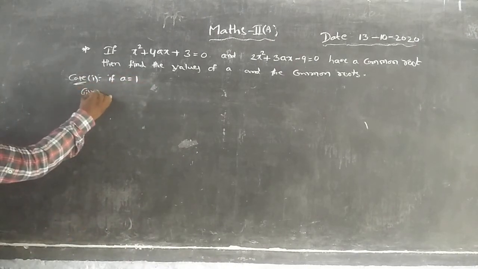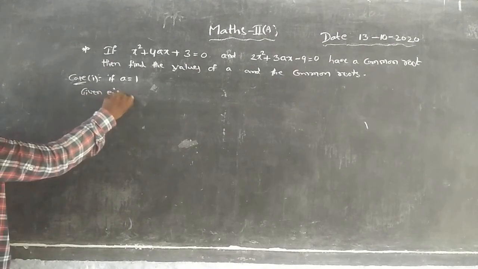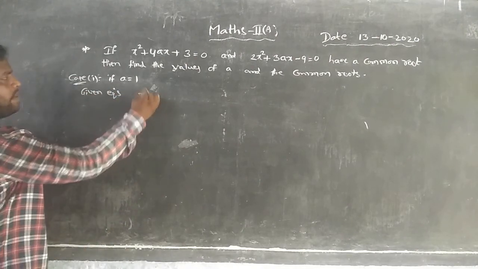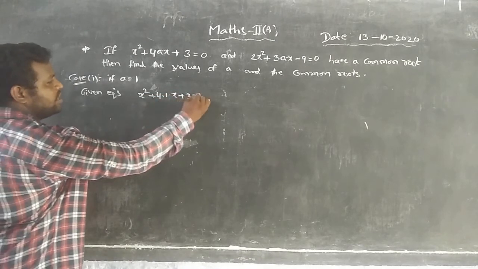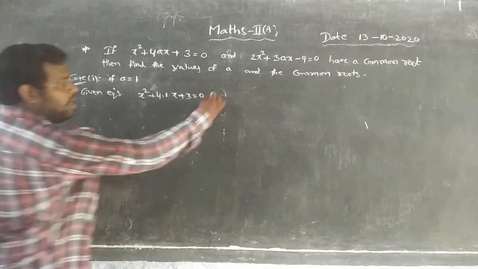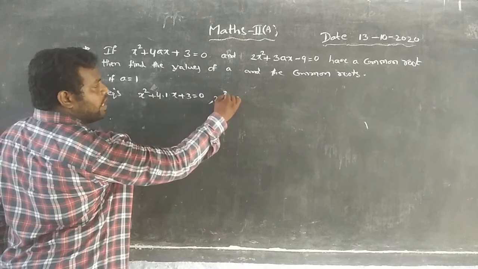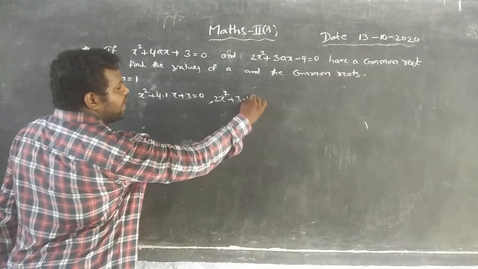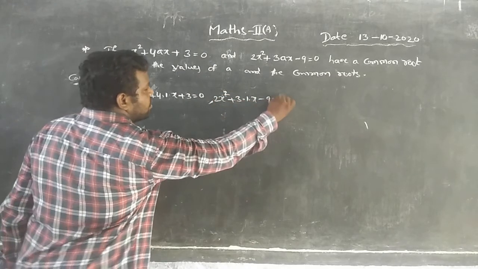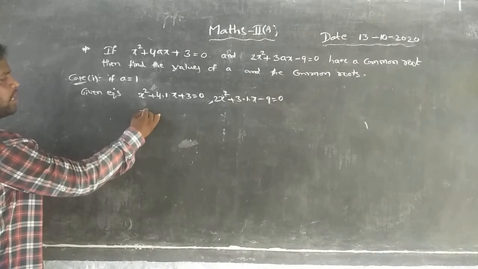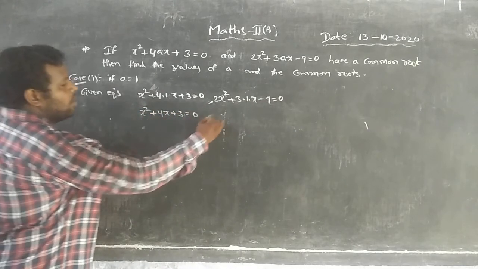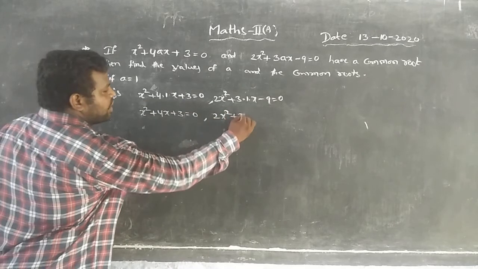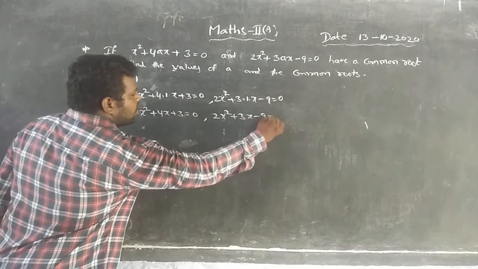given equations: x square plus 4 into 1 into x plus 3 equal 0, comma 2x square plus 3 into 1 into x minus 9 equal 0. So x square plus 4x plus 3 equal 0, 2x square plus 3x minus 9 equal 0.